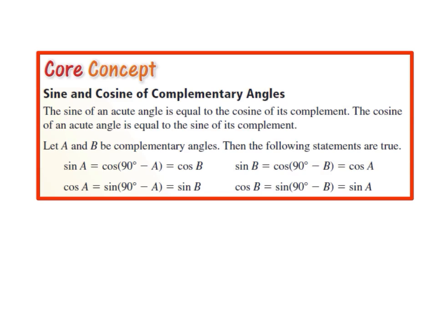So essentially, whatever angle you're given, subtract it from 90, and then do the opposite. So the sine of A is going to be the cosine of B, the complement of A. Cosine of A is going to be sine B. B is the result of getting the complement of A. And same over here. So write all these down, take a moment.